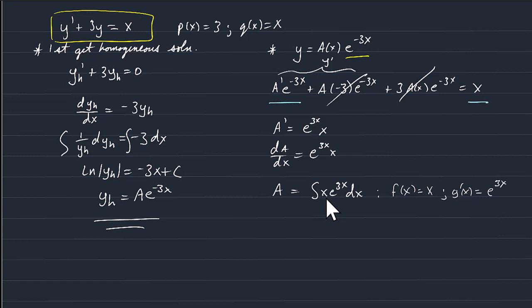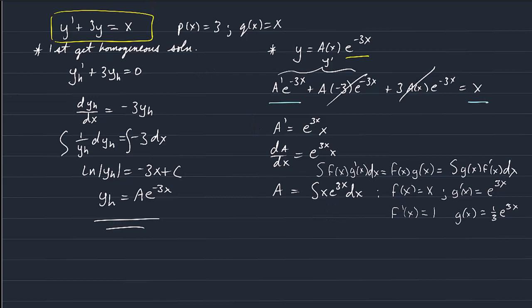Then we can easily integrate this to get g of x, and we can easily take the derivative of f, which just gives 1. Integration by parts means that the integral of f of x g prime of x dx is equal to f of x g of x minus the integral of g of x f prime of x dx.